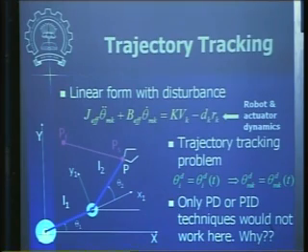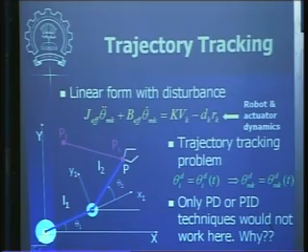Now we have already seen the PD and PID control techniques. They are for the regulation problem. What if we apply them for this problem? Can we apply them in the first place? You will find that if you apply PD or PID control to the trajectory tracking problem, it will not work.